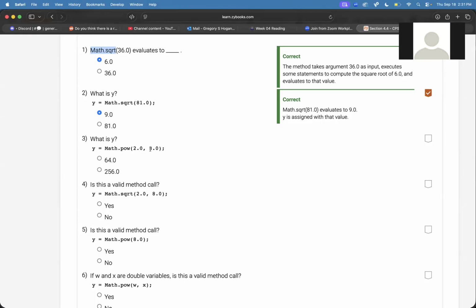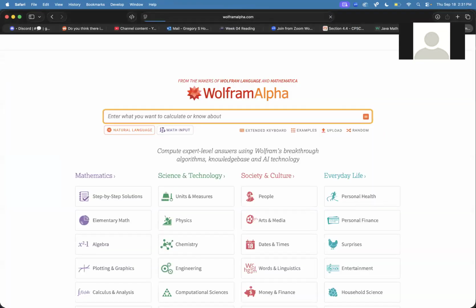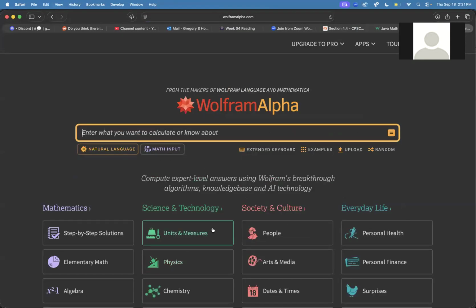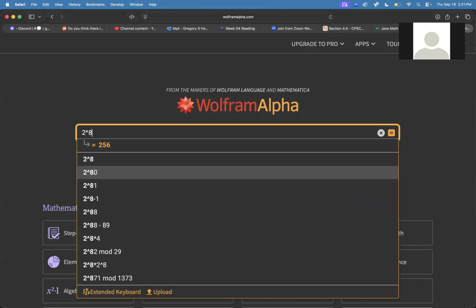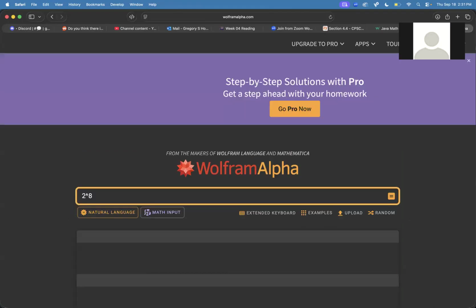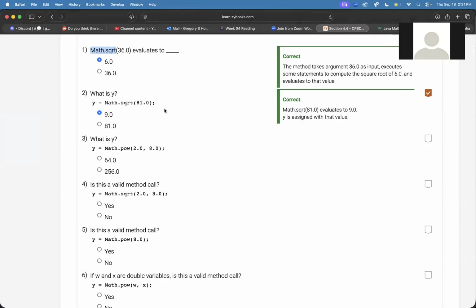At some point, these get a little bit tricky to calculate. You might try a website like Wolfram Alpha if you just want to make sure you understand it. So over here, it'd be 2 to the 8th, like that is how you would type it in most calculators. It's 256.